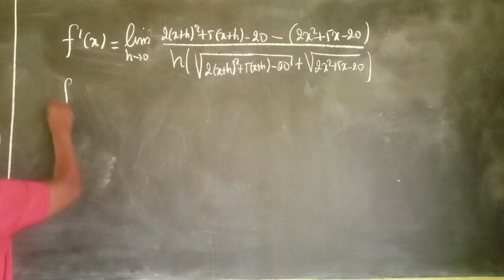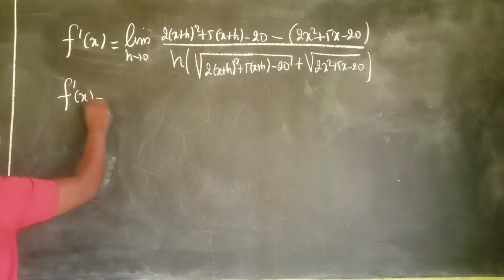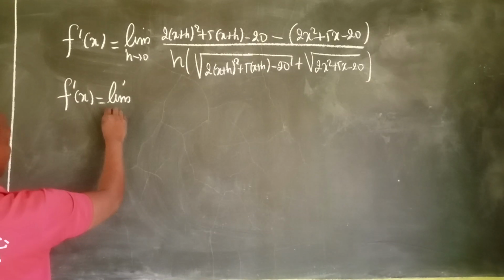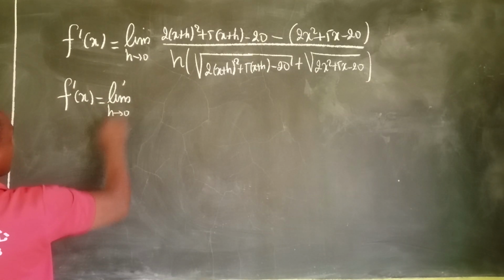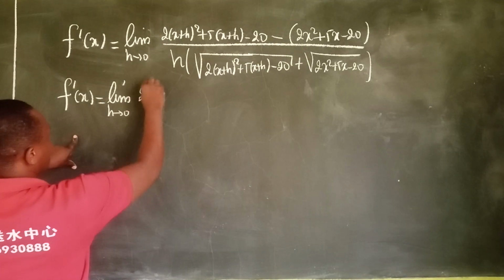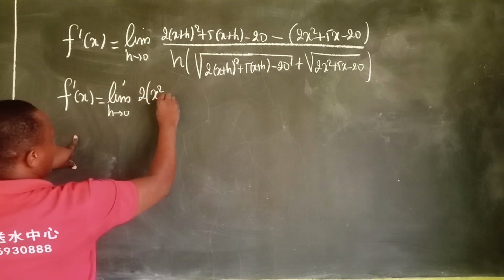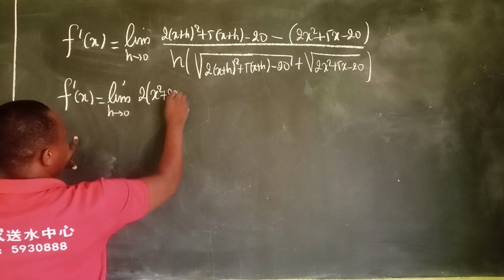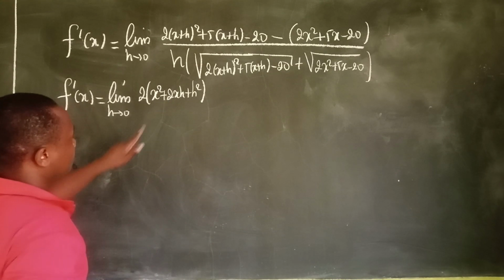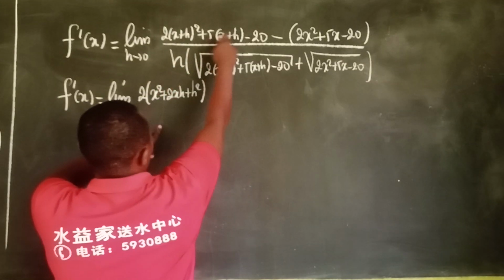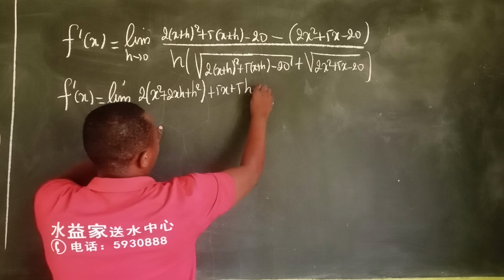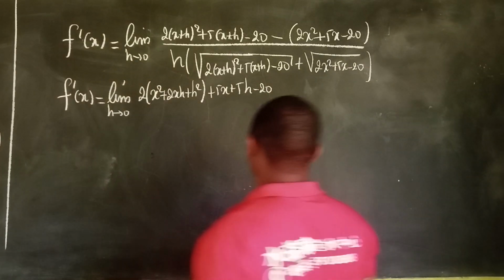We have f prime of x, which is equal to the limit h tends to 0 of, expanding this, here is 2 into x² + 2xh + h². What about this? We multiply 5 here, plus 5x, plus 5h, minus 20.